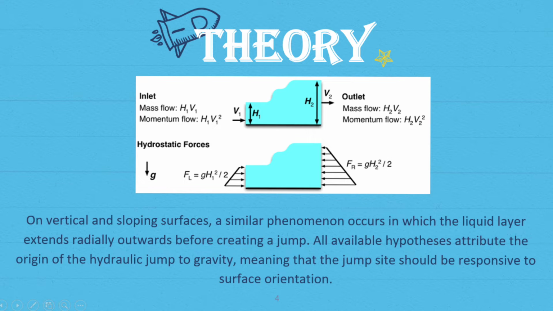All available hypotheses attribute the origin of the hydraulic jump to gravity, meaning that the jump site should be responsive to surface orientation. However, we can discover that under the identical flow circumstance, normal impingement of a liquid jet produces a circular hydraulic leap with the same starting radius regardless of surface orientation.